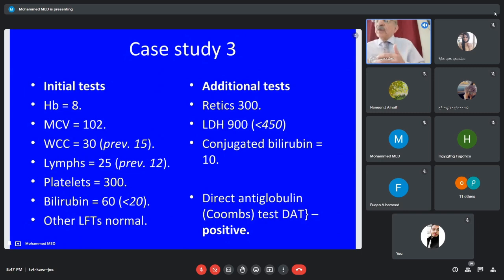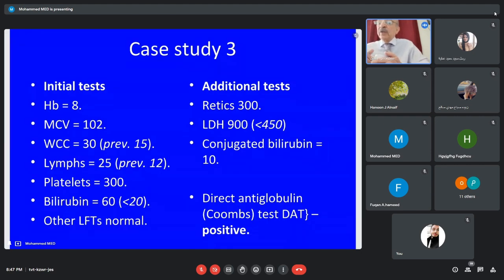The LDH, an enzyme which is present inside the RBC, is very high in this particular patient. It's 900. Normally it should be below 450. So in this patient, it's a little more than double, which indicates continuous destruction of red blood cells. Conjugated bilirubin is 10, which is high.